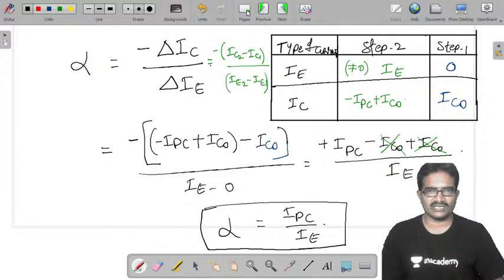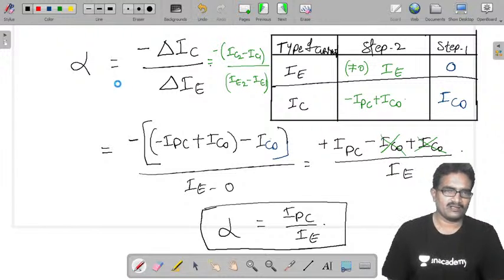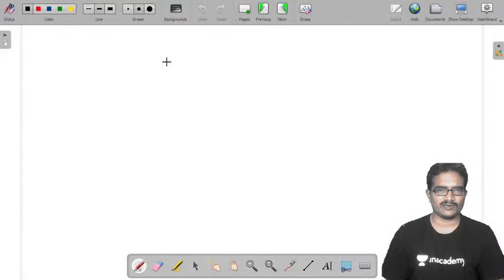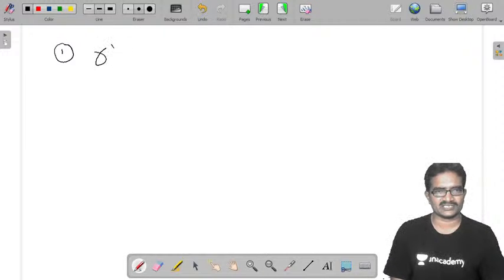Okay, now whatever the three different parameters I derived so far, I am placing all these parameters at one point. Okay, now the first point is emitter injection efficiency, that is we call it as gamma star. We got this value is IPE by IE.